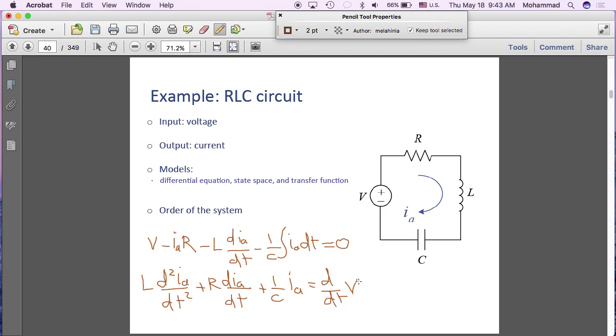Now compare that to M x double dot plus B x dot plus K x equals force.